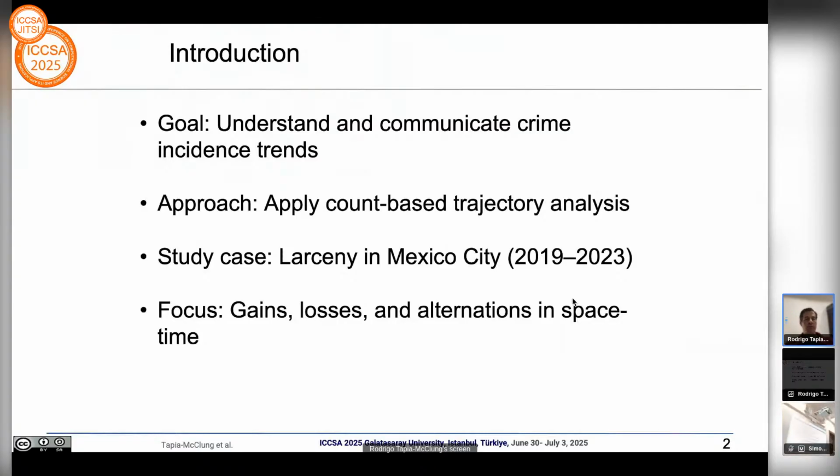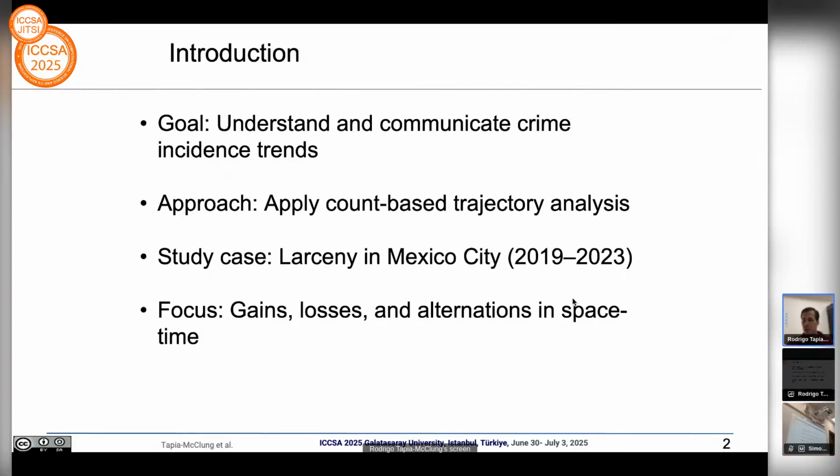So our approach is to apply different count-based trajectory analysis, and I will explain a little bit further what we mean by count-based trajectory analysis. For our case study, we're going to focus on larceny theft in Mexico City, so pedestrian theft, for the past 5 years.